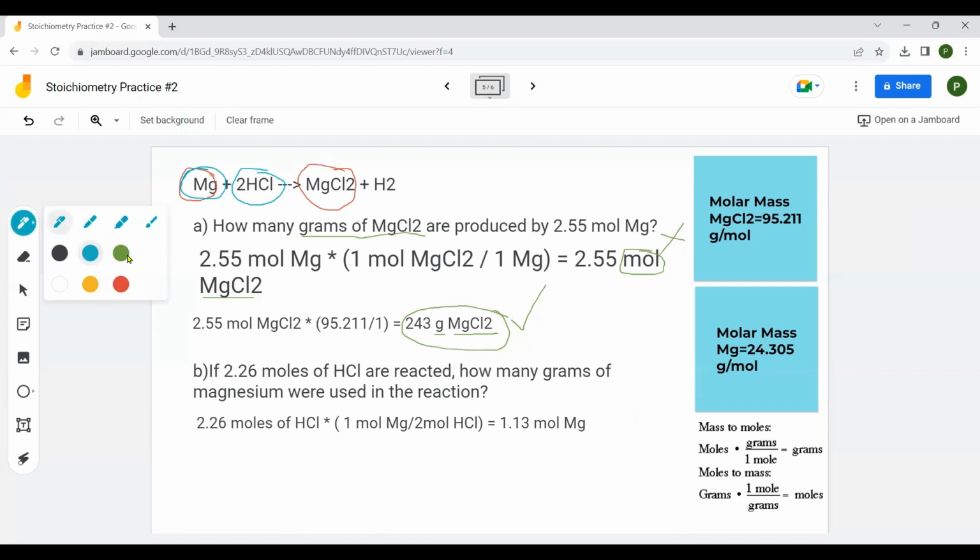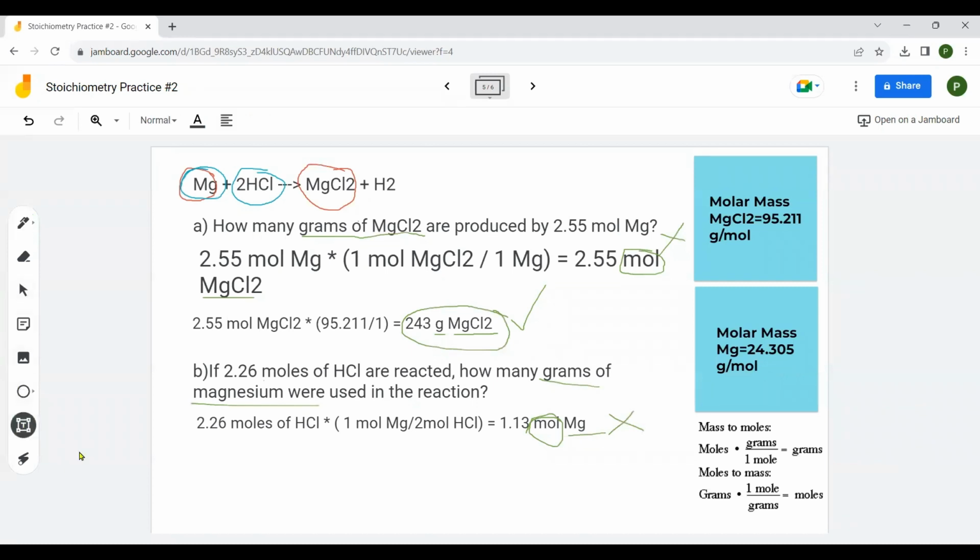Like I always do, I'll take my green pen and I'll go ahead and check my question. It wants grams of magnesium. I have magnesium, but again, we're in moles and not in grams, so I'm not done. I have to now convert my moles into grams.